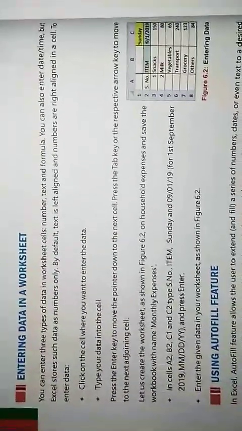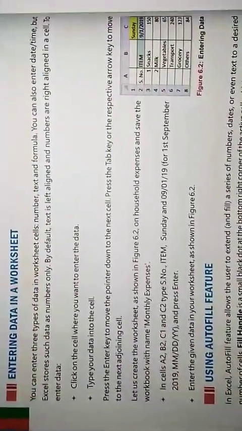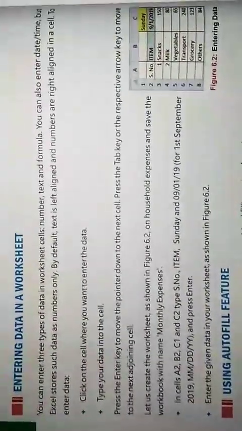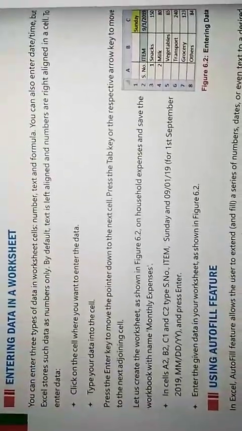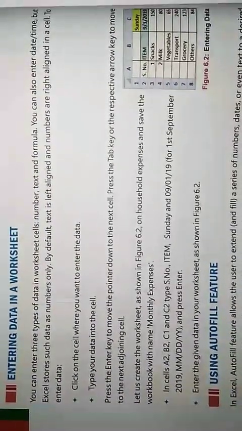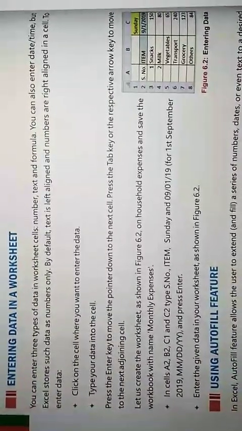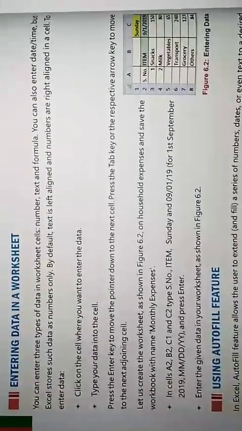To enter the data, first of all, click on the cell where you want to enter the data. You should know in which cell you want to enter it. Then type your data into the cell.